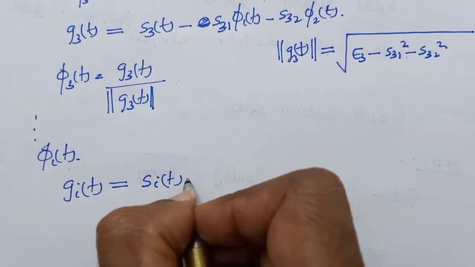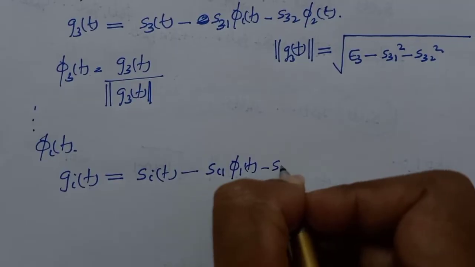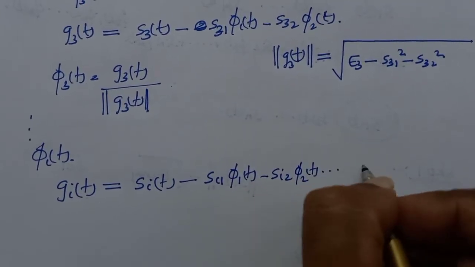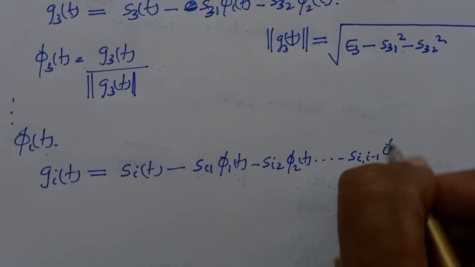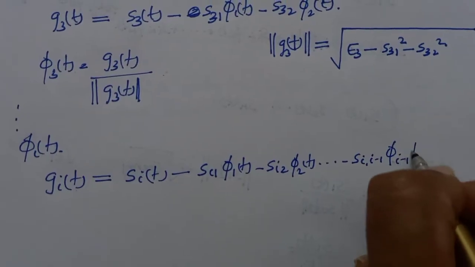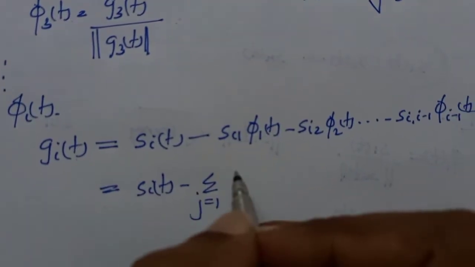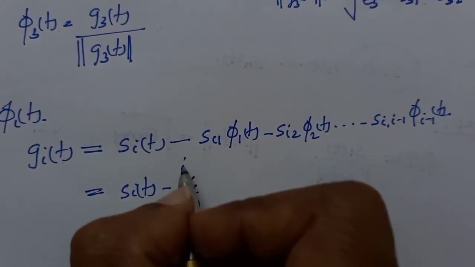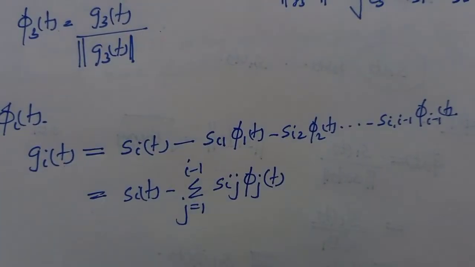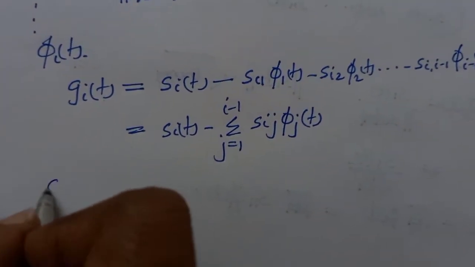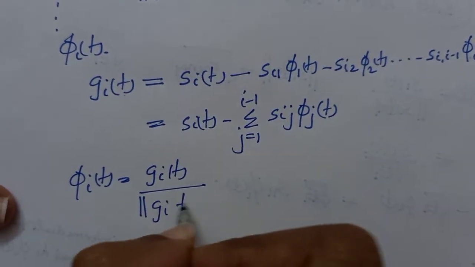So that will be equal to si(t) minus si1 φ1(t) minus si2 φ2(t), etc., minus si(i-1) φ(i-1)(t). So simply this can be written as si(t) minus the sum over j equal to 1 to i minus 1 of sij φj(t). Now φi(t) will be equal to gi(t) divided by the norm of gi(t).